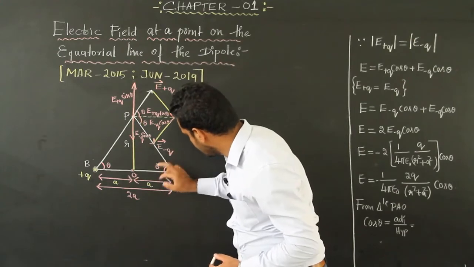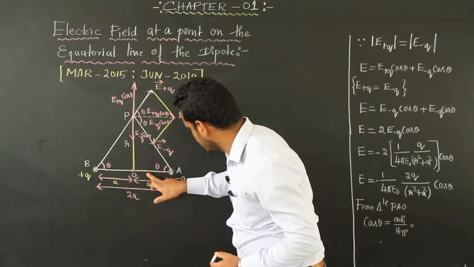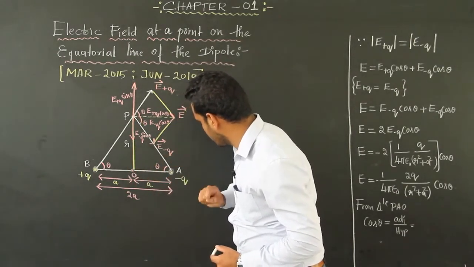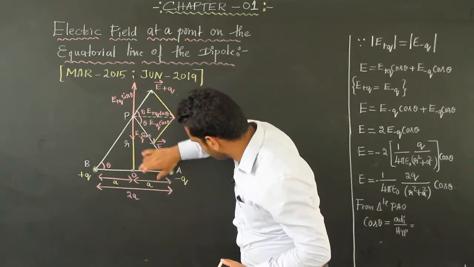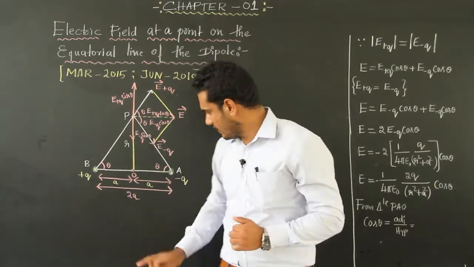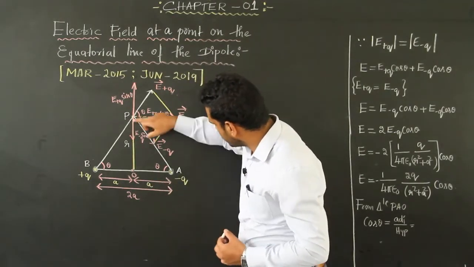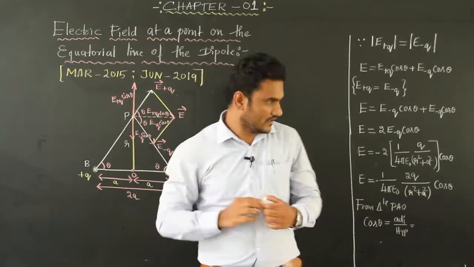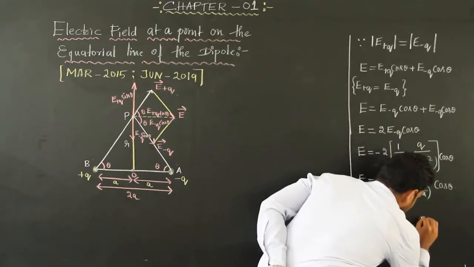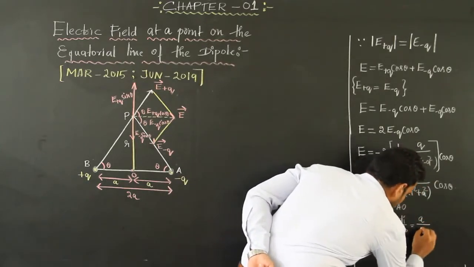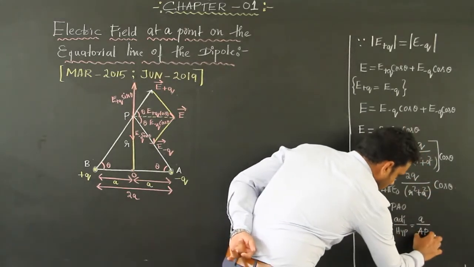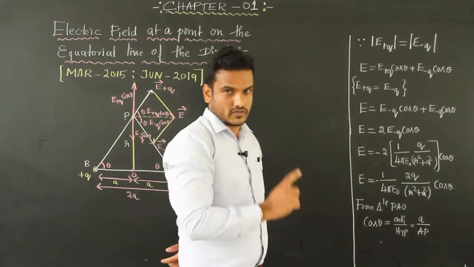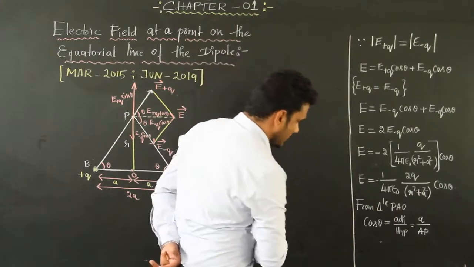To this angle, this is opposite, this is adjacent, and this is hypotenuse. Cos theta is adjacent by hypotenuse. The adjacent value is A, and the hypotenuse value is AP. So I will write adjacent A divided by hypotenuse AP. And we also know the value of AP whole square; in the beginning only we learnt.